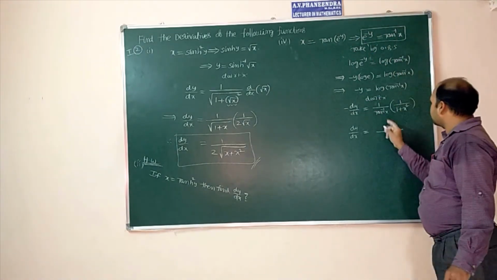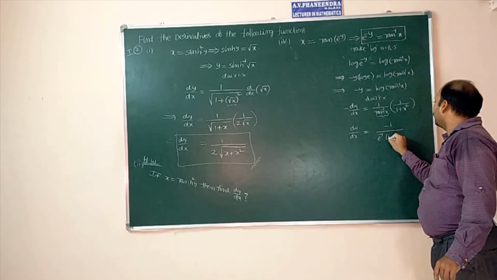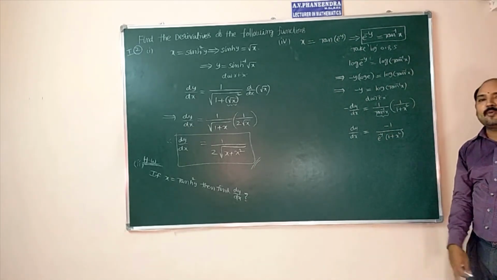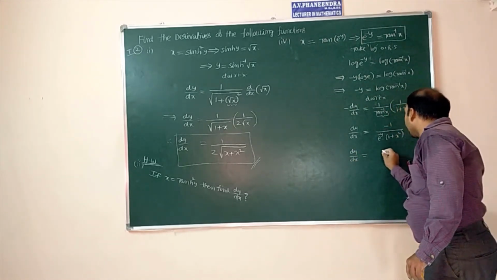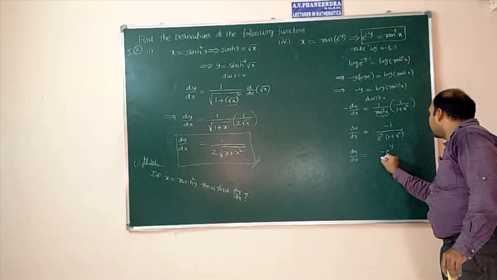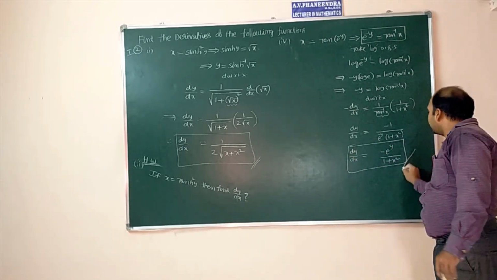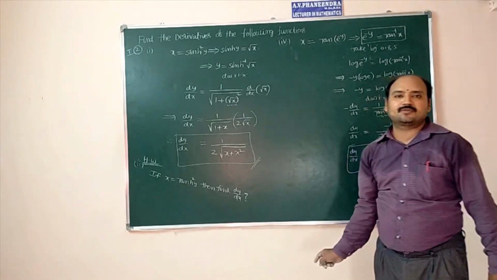From this, tan inverse x is equal to e power minus y into 1 plus x square. E power minus y we can take into the numerator, and it becomes e power y. So dy by dx equal to minus e power y divided by 1 plus x square. This problem is also very important. Keep it in mind and practice.